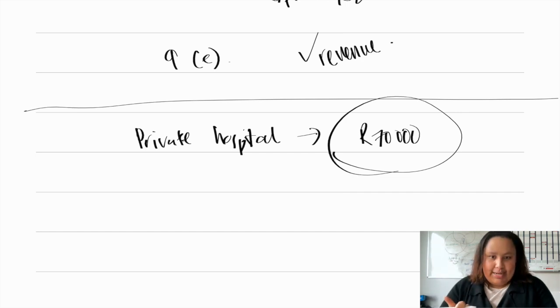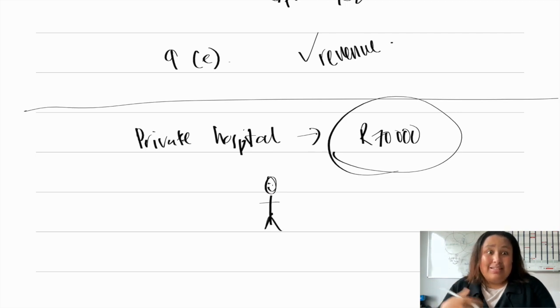Okay, now when we are looking at the revenue recognition for the patient, who is in this case the customer, it's important to understand that at the time that the patient comes in, there's no information regarding whether the person has medical aid to pay for this. But afterwards we find out that this patient doesn't have any medical aid. So it's unlikely that we would be able to recover the full 70,000 from the medical aid.